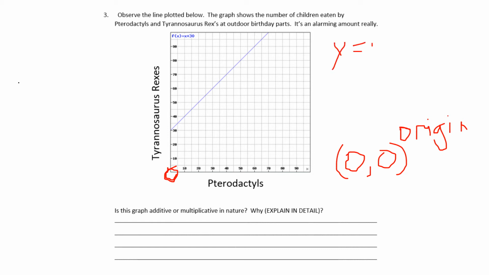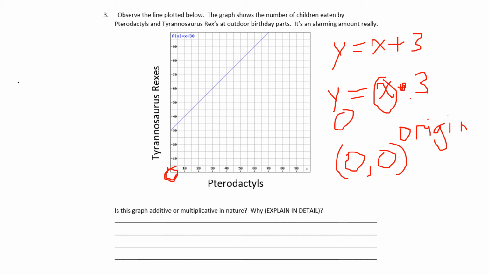y is equal to x plus 3. That's an example of an additive equation. y is equal to x times 3, or times 2, or 2x, however you want to say it. If you look at the difference, when x is equal to 0 in this one, 0 times 3 is going to equal 0.